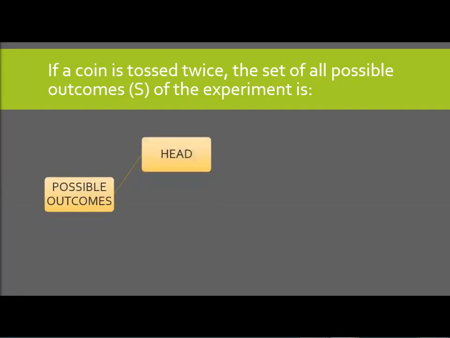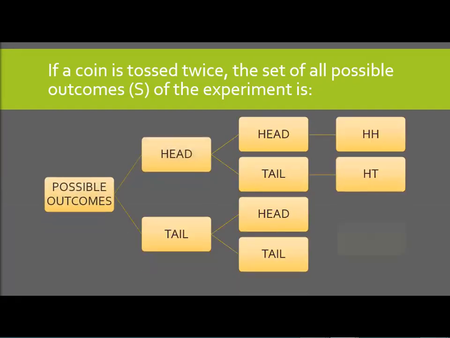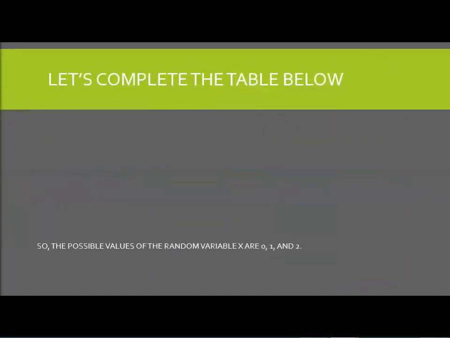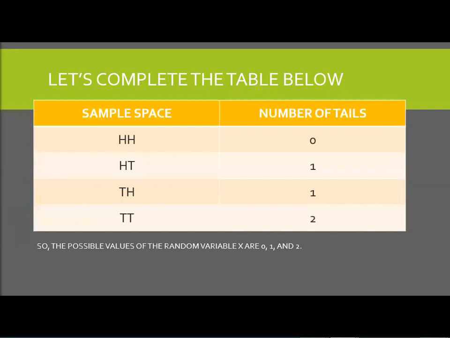The possible outcomes of tossing a coin twice are head-head, head-tail, tail-head, and tail-tail. We also completed this table below, the sample space and the number of tails. So the possible values of the random variable x are 0, 1, and 2.